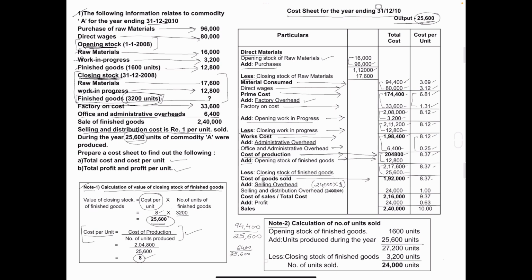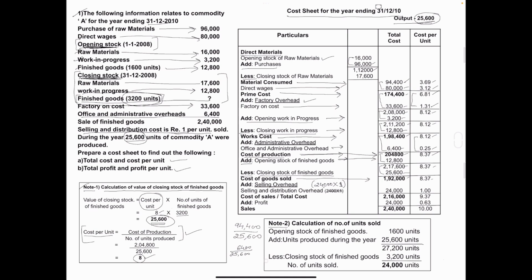So the selling and distribution overhead amount is what? ₹1 per unit sold. So write here, add selling overhead, and below that write selling and distribution overhead, and in bracket write how many units they have sold, 24,000.